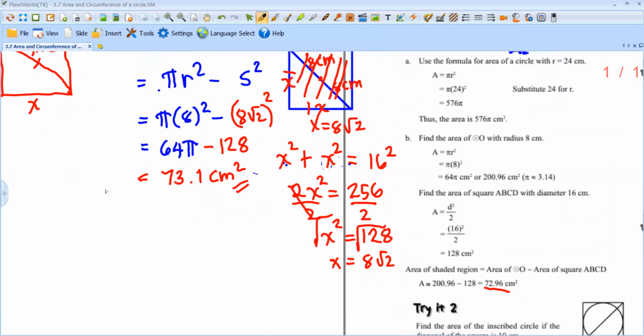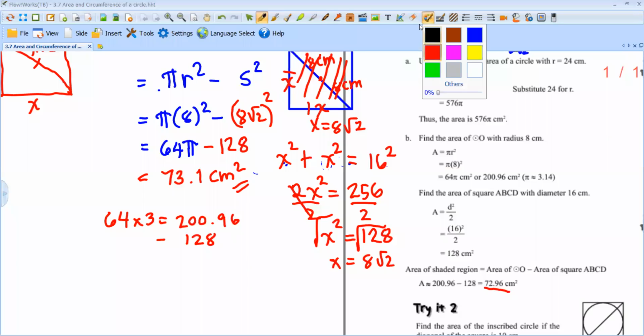Let us just try to get 64 times 3.14. So 64 times 3.14 is about 200.96. And then minus 128, which is about 72.96. Okay. 72.96.